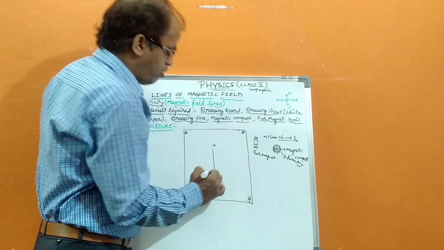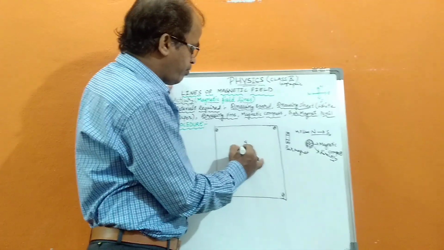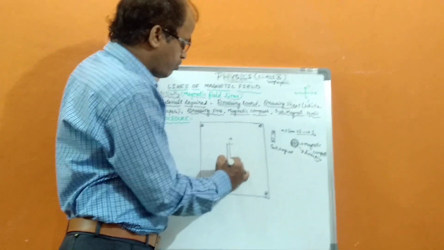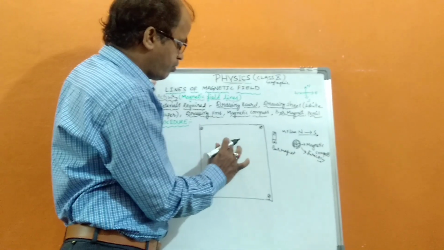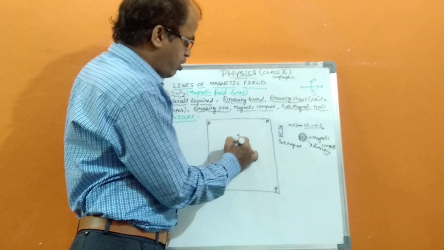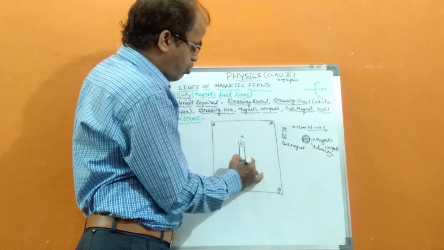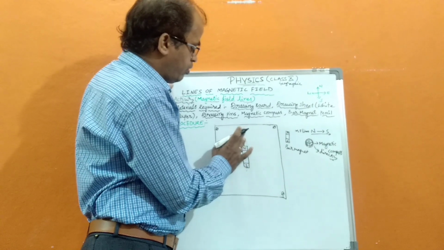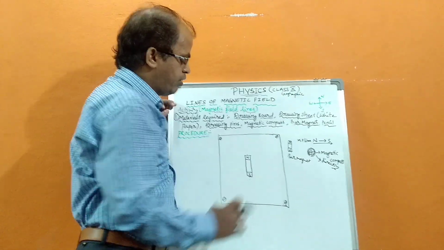North and south pole. Now we place the bar magnet. It shows the north and south pole. Join the lines and place the bar magnet.